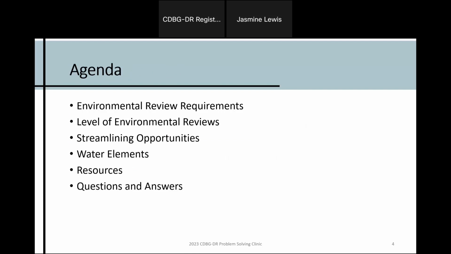Some key topics we'll be going over today will be the environmental review requirements, determining the level of review, streamlining opportunities, and some specific requirements for CDBG-DR projects, and then also share some resources that will be helpful in guiding you through the environmental review process. And hopefully at the end of our presentation, we have plenty of time for some question and answers.